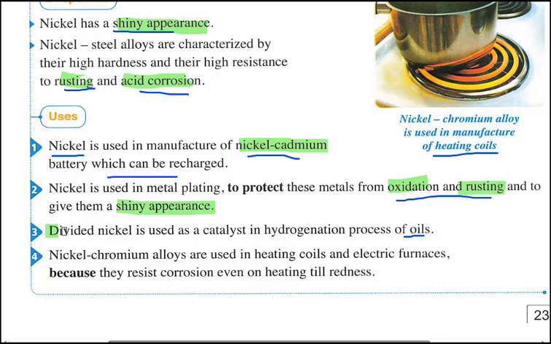Finely divided nickel, which we'll study afterward, is used as a catalyst in the hydrogenation process of oils. Nickel-chromium alloys are used in heating coils and electric furnaces because they resist corrosion even when heated till redness.